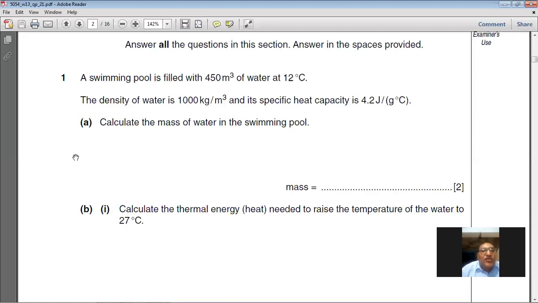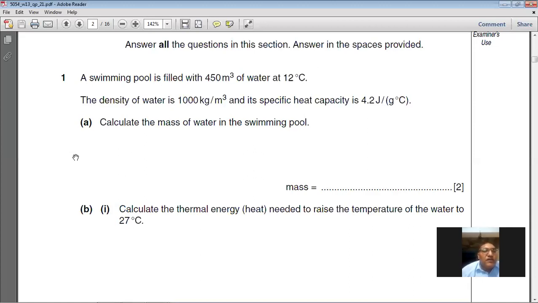And another thing which you should know, the change in temperature. The initial temperature is 12 degrees centigrade and we want the final temperature to be 27. So the change in temperature is 27 minus 12 and that will be 15 degrees.